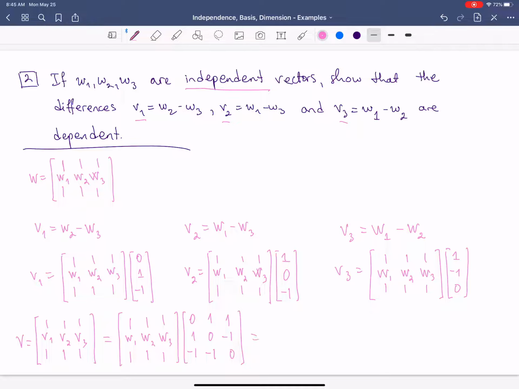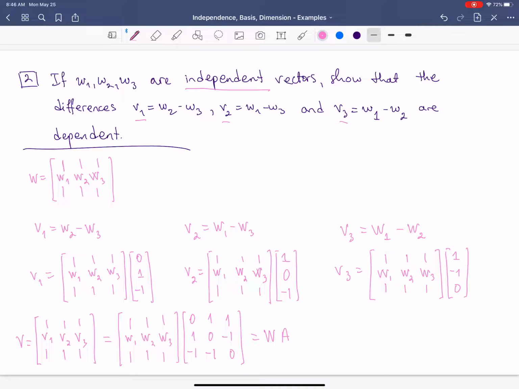So let me call the first matrix W and the second matrix A, right? I don't know how many components w1, w2, w3 have, but that's not important. I know because there are 3 columns that I can carry out this multiplication.